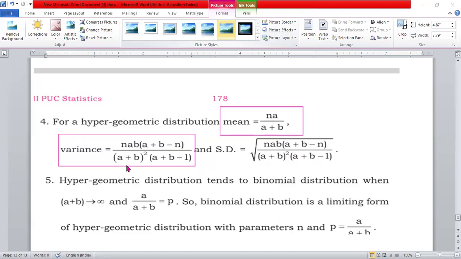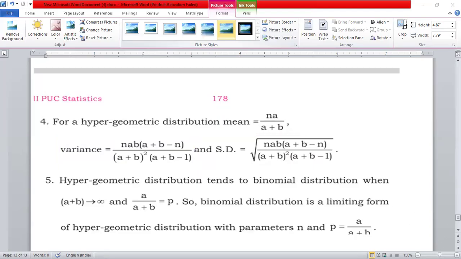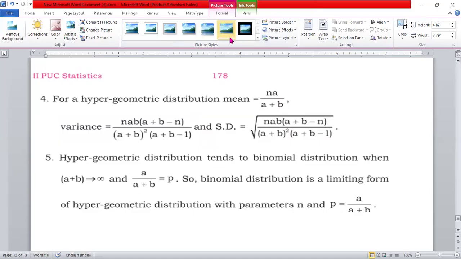Here another 2 conditions are required. What are the 2 conditions? Hypergeometric distribution tends to binomial. This is the 4th one.